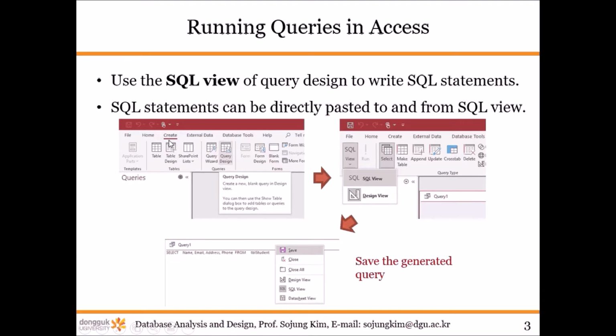Once you choose the query design and switch your window to SQL view, you can run the code directly using this query window. And don't worry too much about it right now because we will run multiple SQL statements in the following slides. I have so many examples.